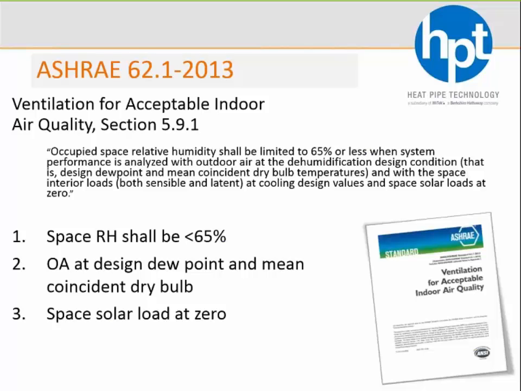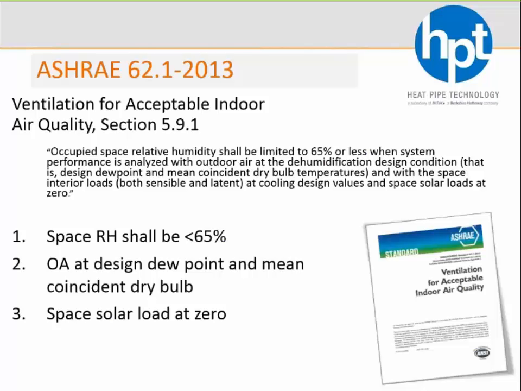Since this presentation is about dehumidification wraparound heat pipes, you really can't go into that topic without at least mentioning ASHRAE Standard 62.1, which basically says that you have to design your air handler to maintain a space relative humidity of less than 65%. The catch is that you have to maintain it at an outside air design dew point and mean coincident dry bulb with a space solar load at 0.